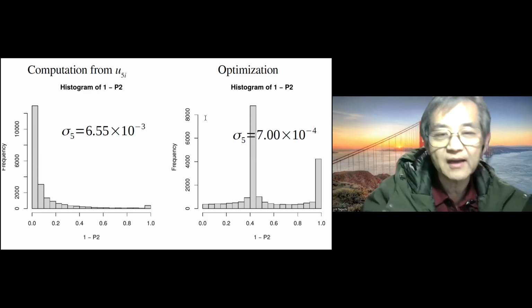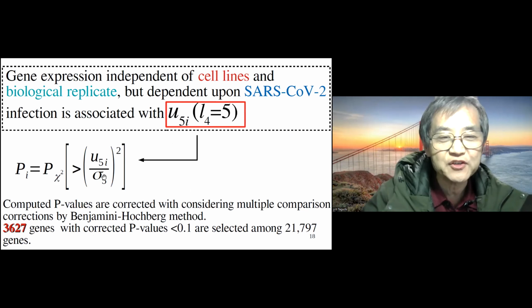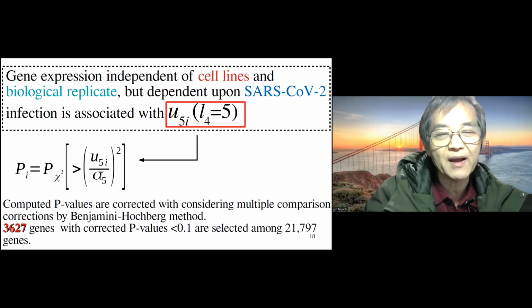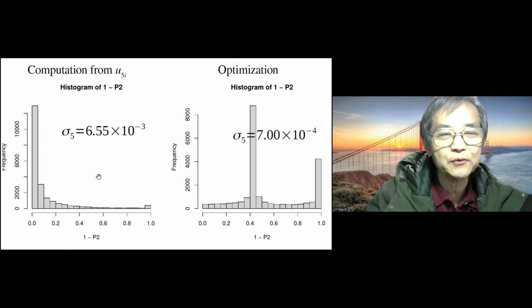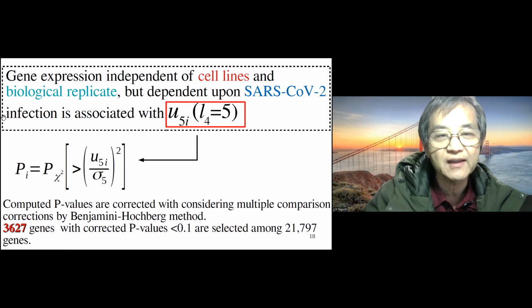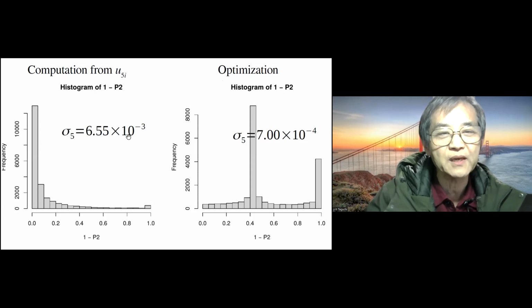First, this sigma should be optimized because if we compute the standard deviation using all of the values, this is the so-called p-value histogram. If the hypothesis is completely fulfilled, the histogram of 1 minus p should be flat.